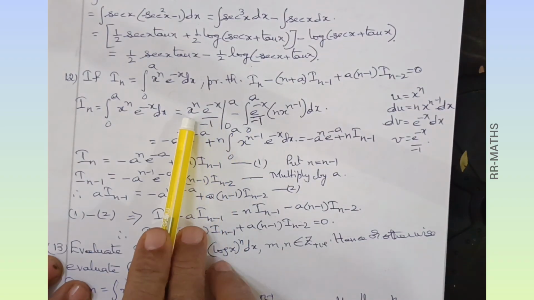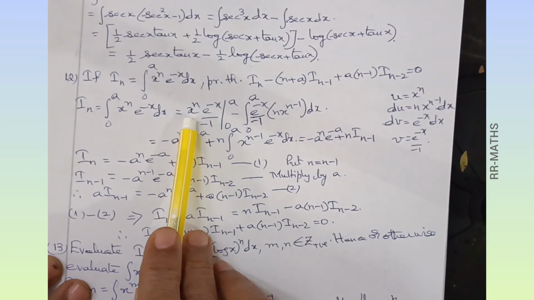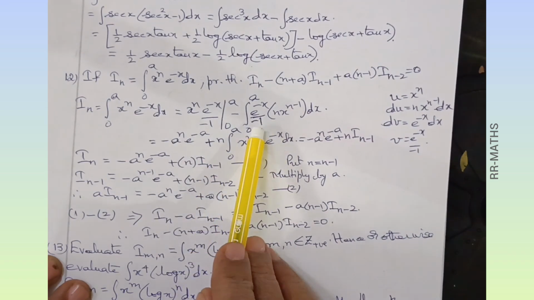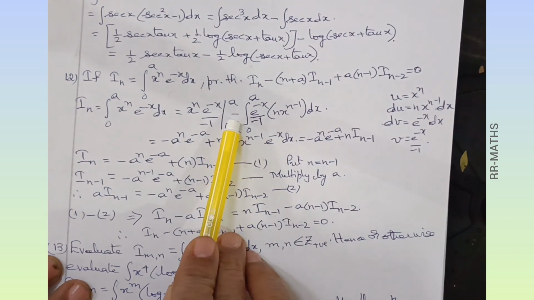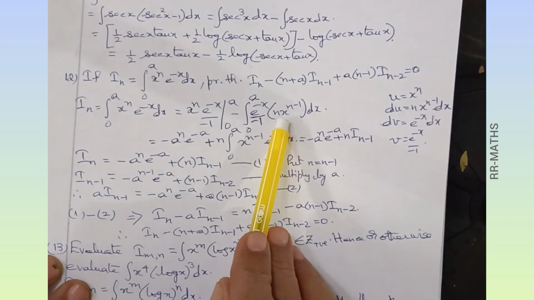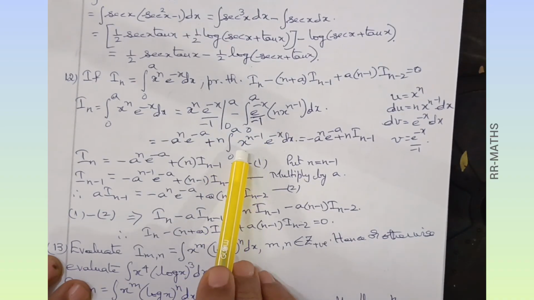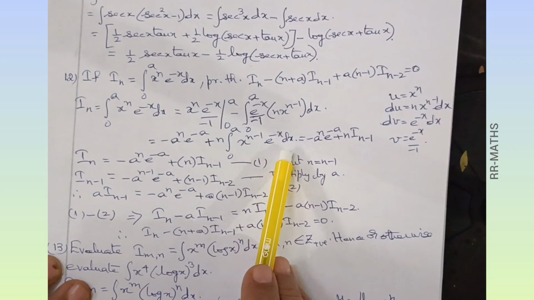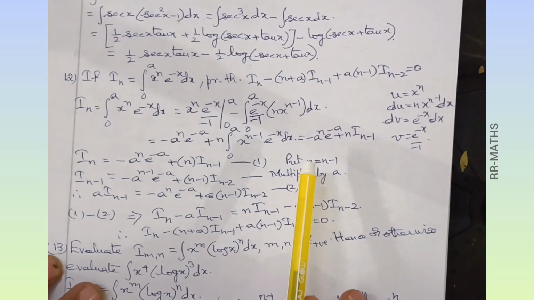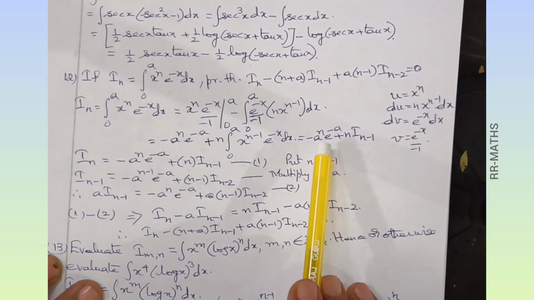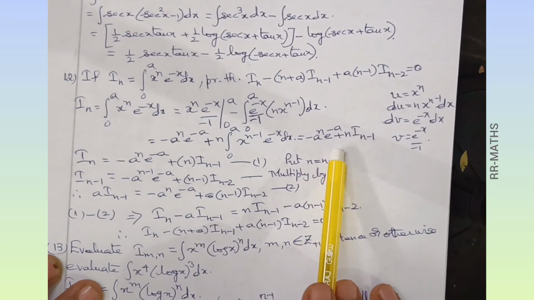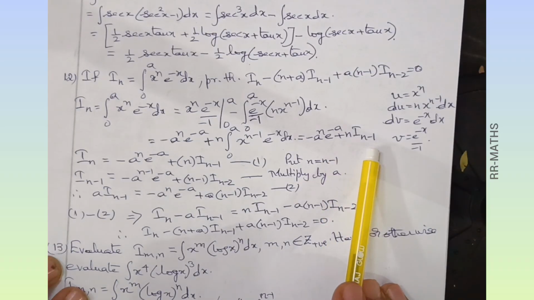Lower limit, when you substitute x as 0, it becomes 0. Plus, because there is a negative sign here and a negative sign here, making it positive, n comes out, integral 0 to a, you have x power n minus 1 e power minus x dx. So this now reduces to minus a power n e power minus a plus n into I n minus 1.